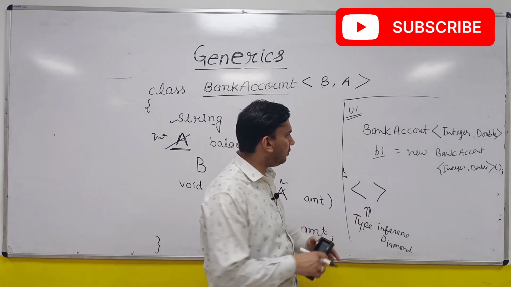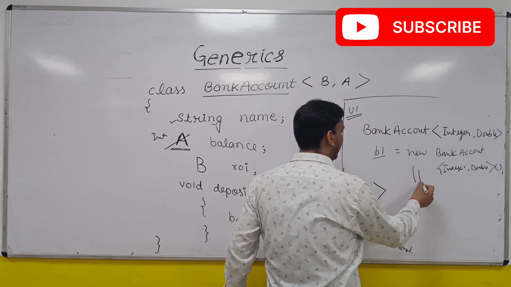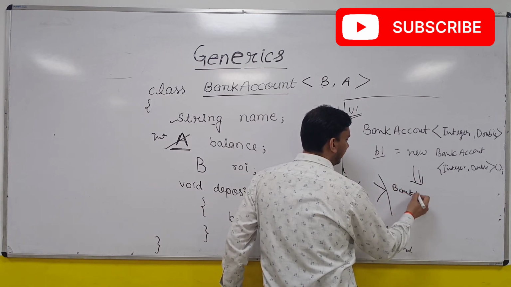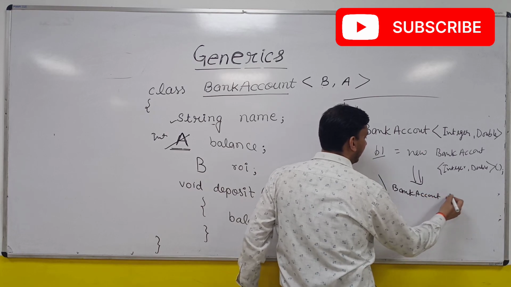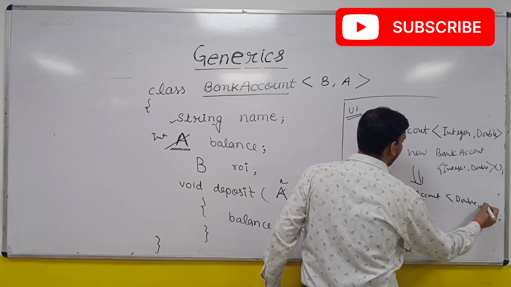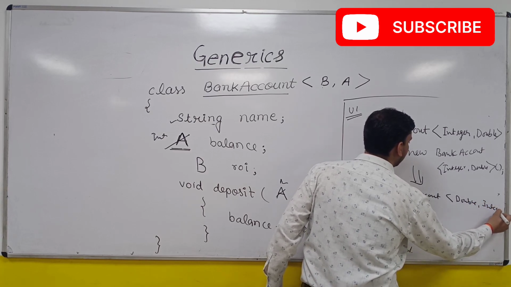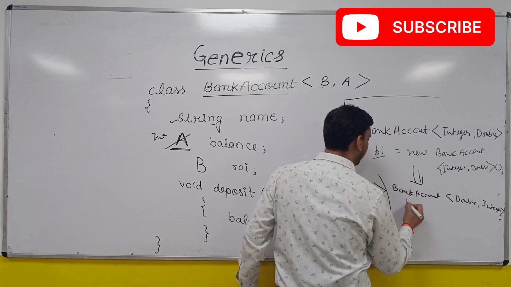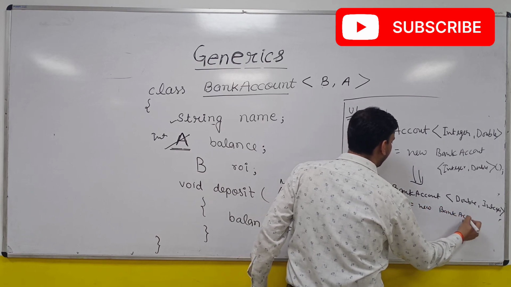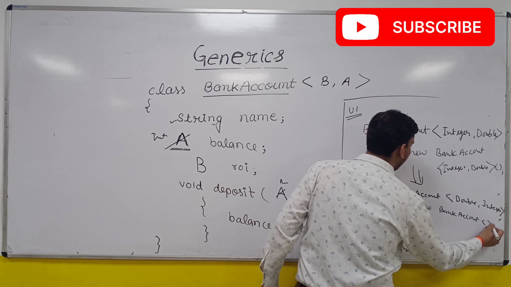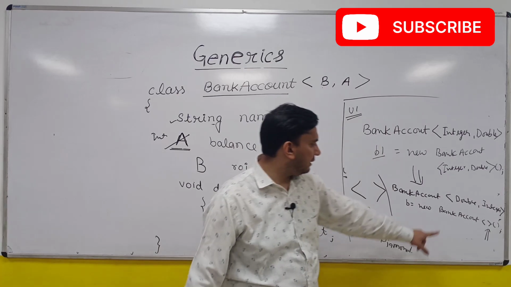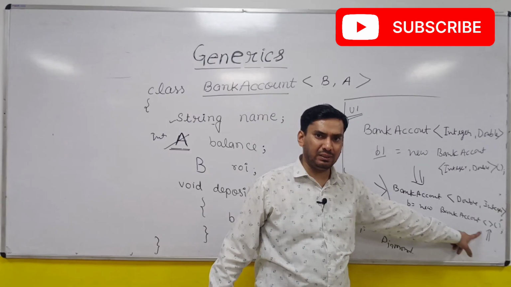Means now with the type inference diamond, the same code is written like this: bank account, here you have to mention the type. Let's say I am writing double comma integer, b1 is equal to new bank account. Here I can write only the diamond. This is called type inference diamond.